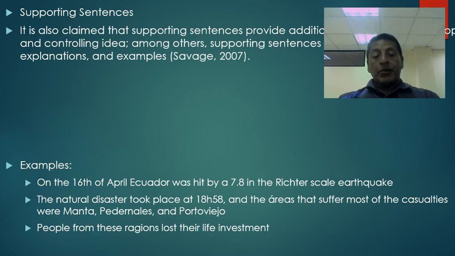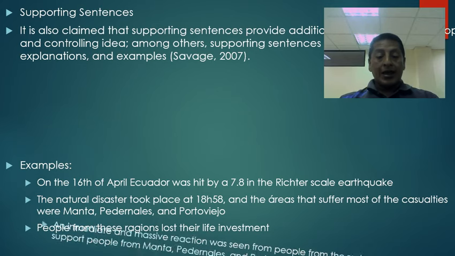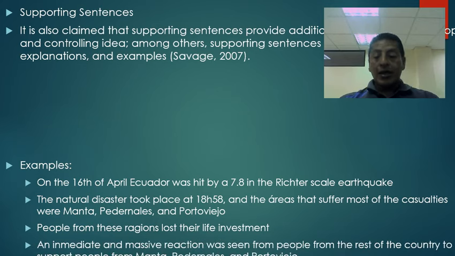So far we are providing some facts to the topic sentence, and getting a little bit more into detail, we are going to see in the next supporting sentence, which says that an immediate and massive reaction was seen from people from the rest of the country to support people from Manta, Pedernales, and Puerto Viejo.